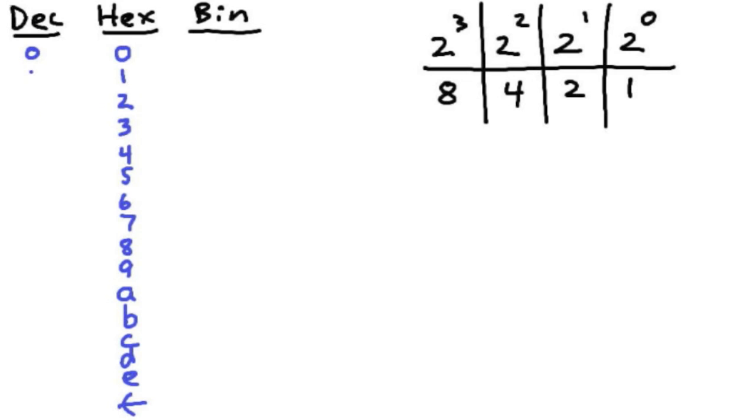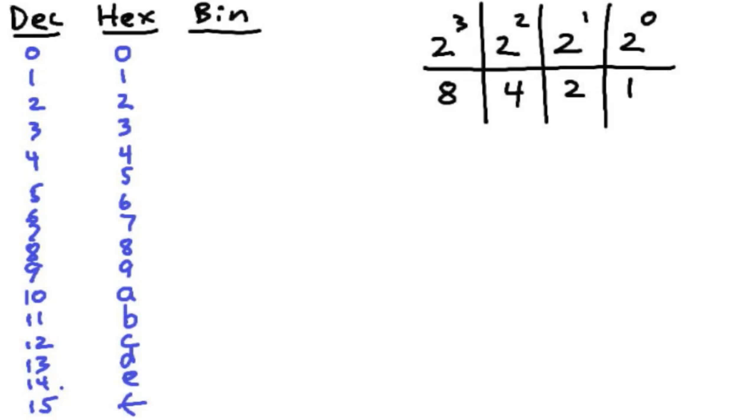Well, 0 through 9 is just one for one, the representation, and then 10 is A, 11 is B, 12 is C, 13 is D, 14 is E, and 15 in decimal is the F.